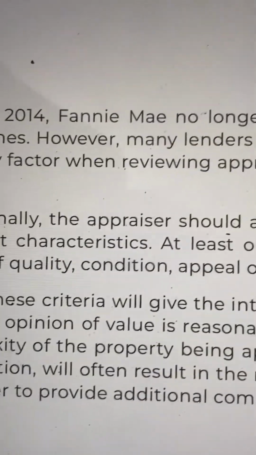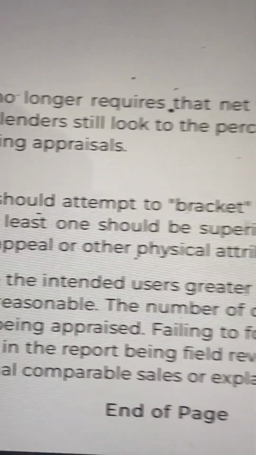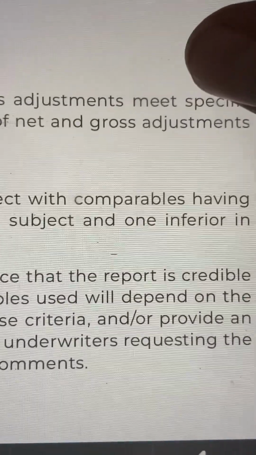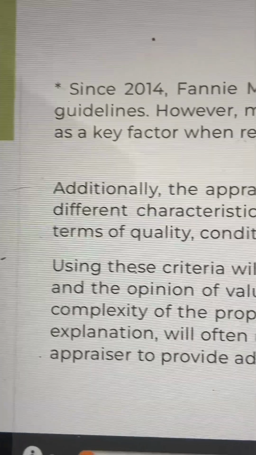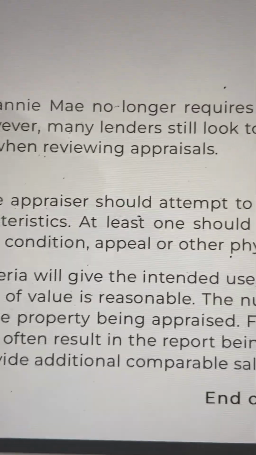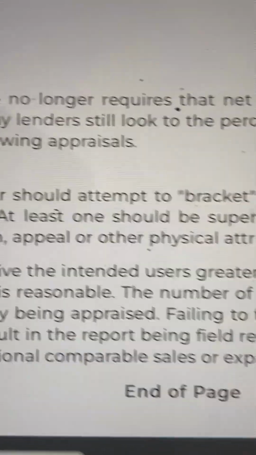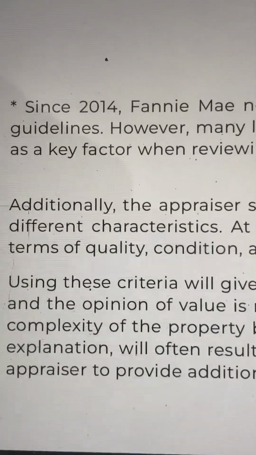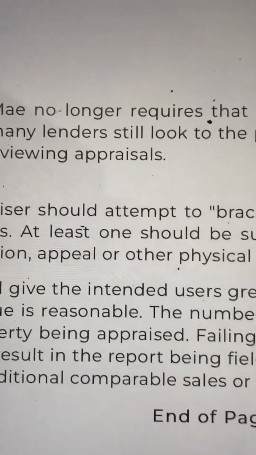Using these criteria will give the intended users greater confidence that the report is credible and the opinion of value is reasonable. The number of comparables used will depend on the complexity of the property being appraised.